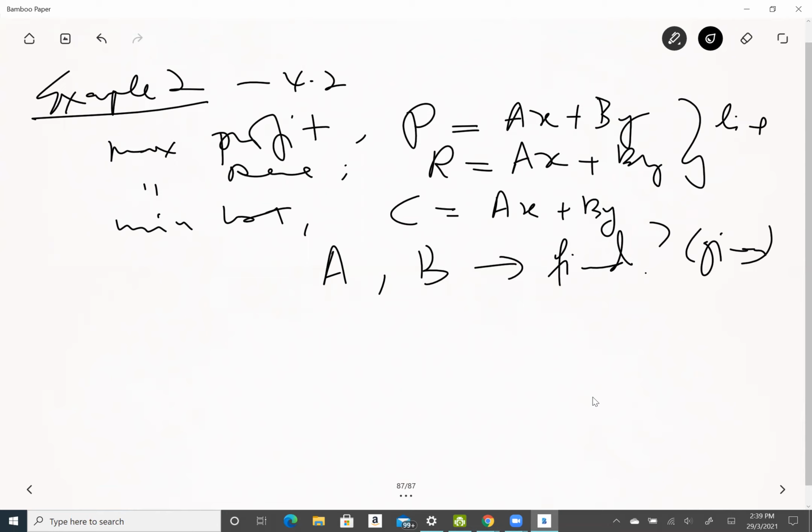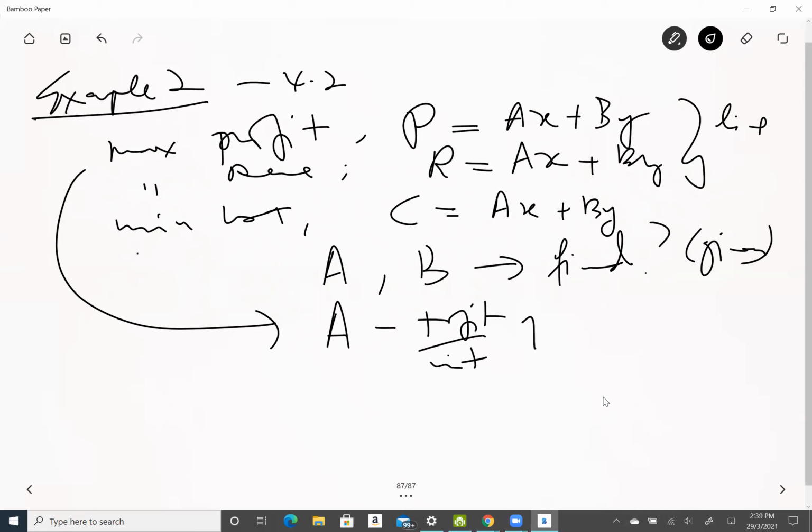In other words, if you are looking at the profit, A is the profit per unit of X, and B is the profit per unit of Y. If it is revenue, then A is the revenue per unit for X, and B is the revenue per unit for Y.